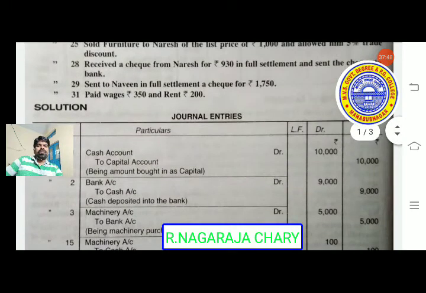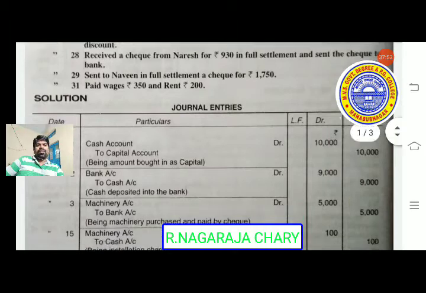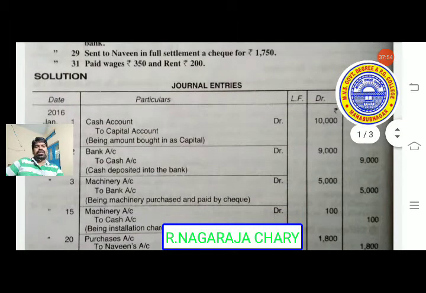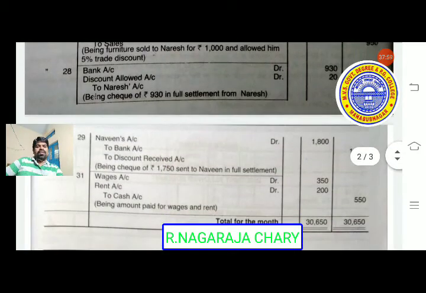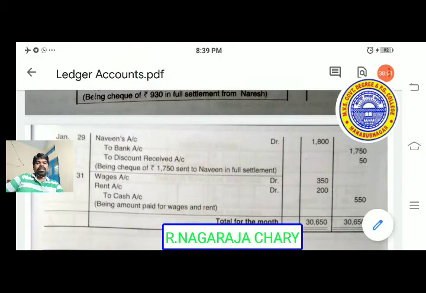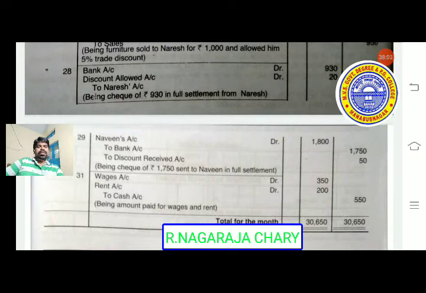Next, a check sent to Navin in full settlement, that is 1750. Here also we see Navin account 1750. Earlier we had to pay 1800 rupees, but we are paying only 1750.